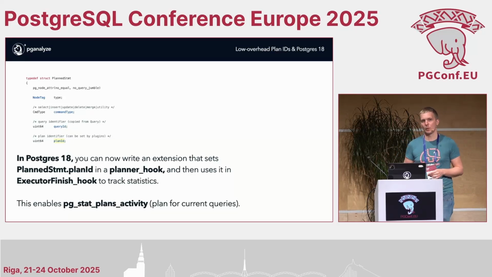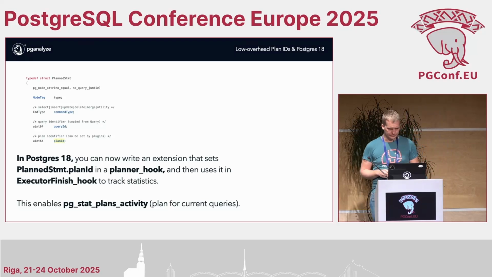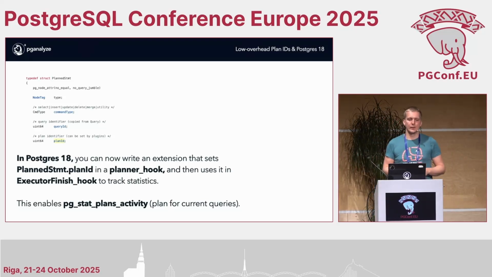So in Postgres, if you're writing an extension, you can now set a plan ID, right? You can write your own planner hook, do your own tree walk, and do stuff to assign these plan IDs, and then you can build something out of it. I'll come back to that in a moment. It does enable a key feature of the pg_stat_plans extension that is not possible without that change in Postgres.